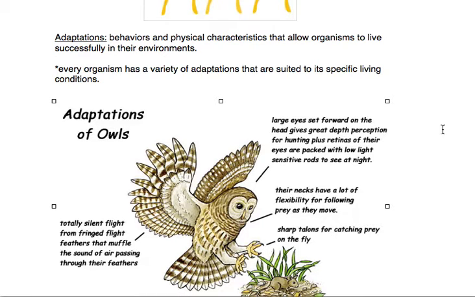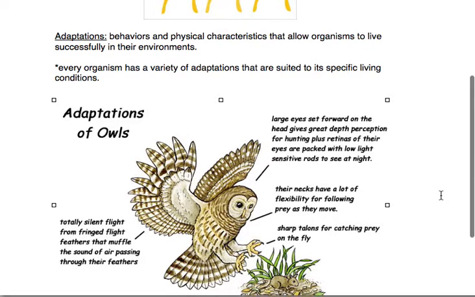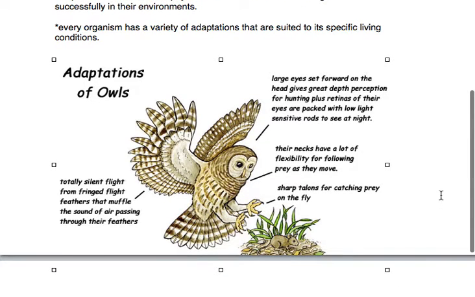Owls have those big eyes that give them depth perception for hunting, and their retinas are packed with light-sensitive rods so they can see at night. Their necks have a lot of flexibility for them to follow prey as they move. They have sharp talons for catching prey on the fly. Their wings make it so that they're very silent when they're flying.